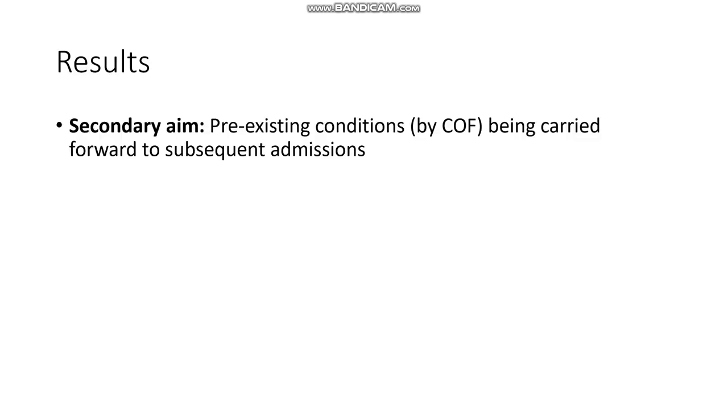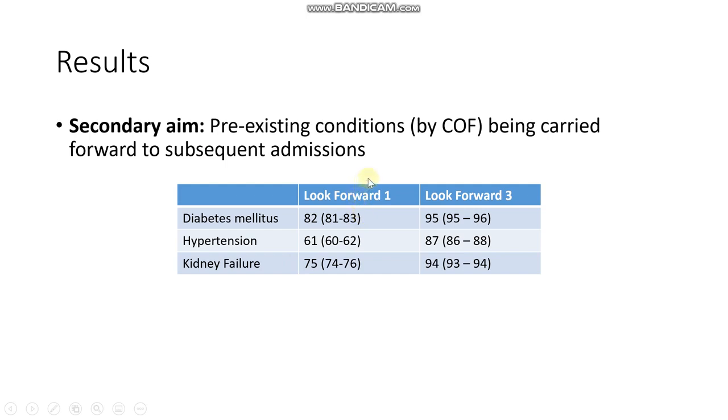Now, in the secondary aim, what we sought to identify was if pre-existing conditions identified by the COF were actually being carried forward to subsequent admissions. And what you can see, if you look at look-forward 1, is that not all conditions identified as pre-existing were actually carried forward to the subsequent admission.